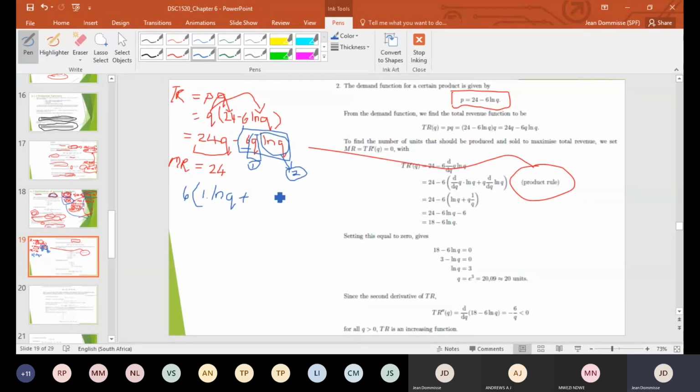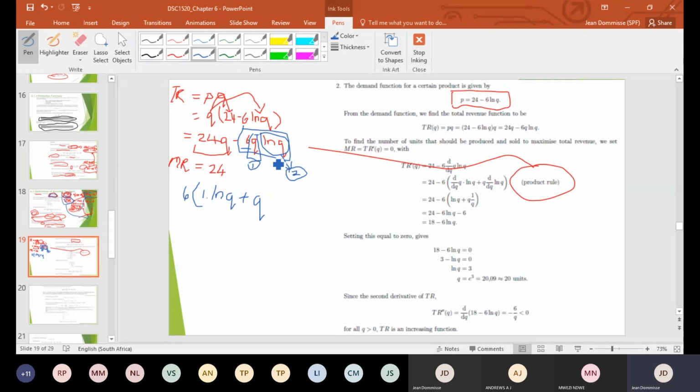Then the product rule says, okay, but now we need to do it the other way around. So we basically take q and we need to do the derivative of that. So now what is the derivative of ln q?